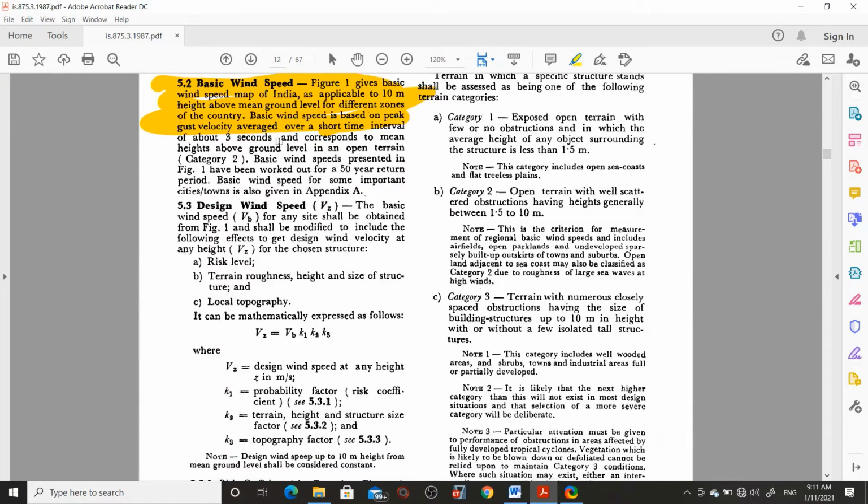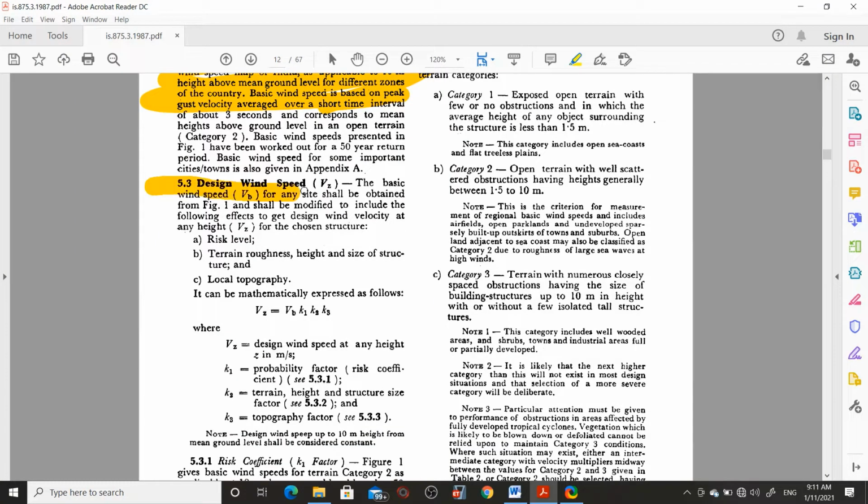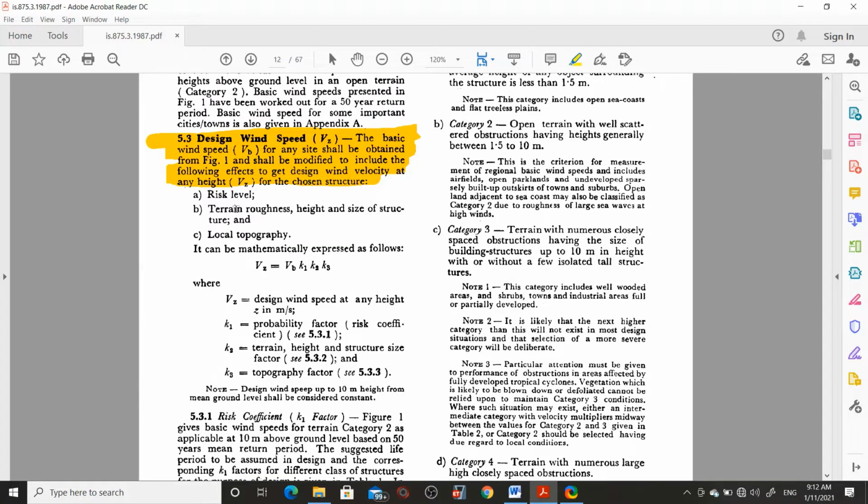Here is the design wind speed. The basic wind speed for any site shall be obtained from figure 1 and shall be modified to include the following effects to get a design velocity at any height. Means the basic wind speed Vb is multiplied by risk level, terrain roughness and local topography, and we get design wind speed.